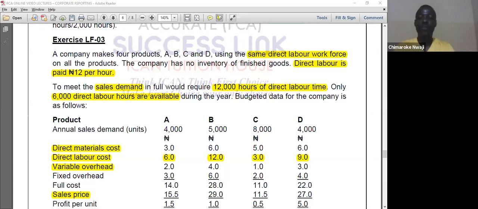But what was left is 1,000. So you cannot do every of A. You have to scale it down. You see the arrow of these other ones here, they were moving forward, moving forward.